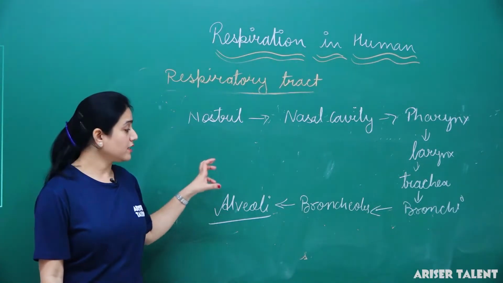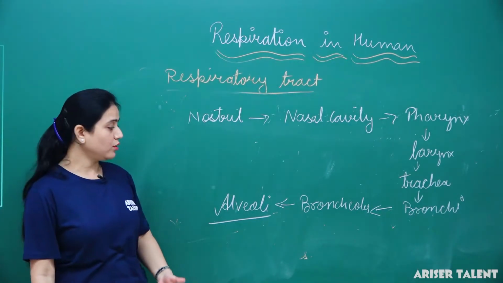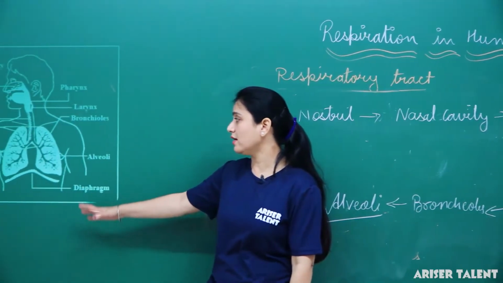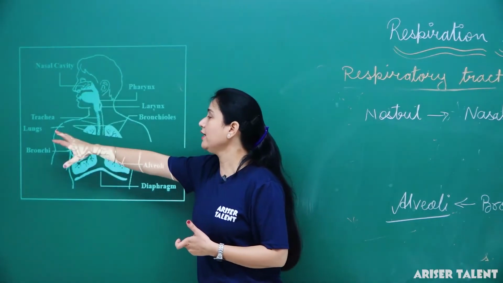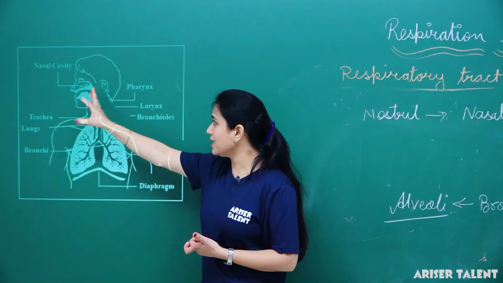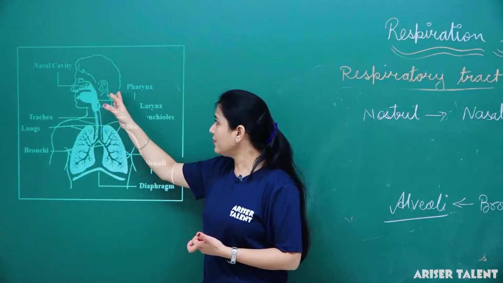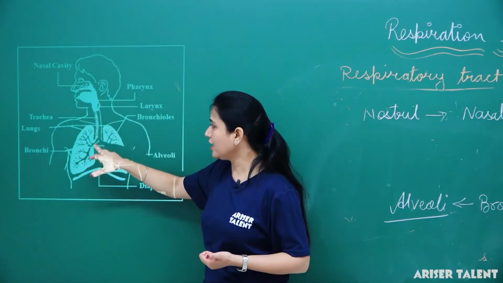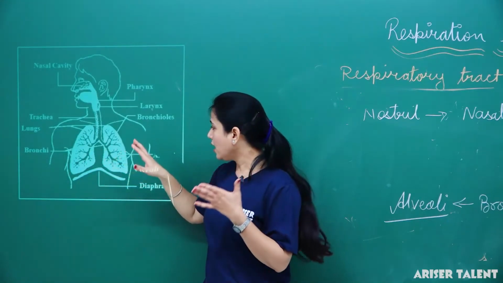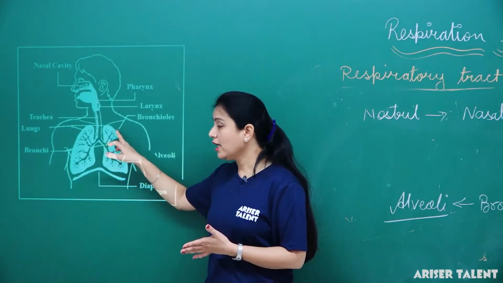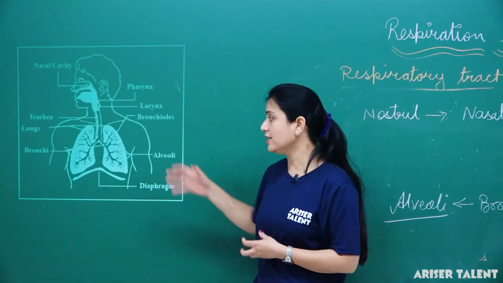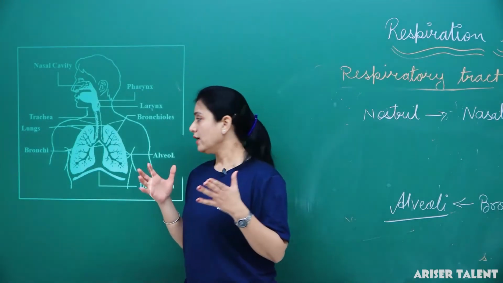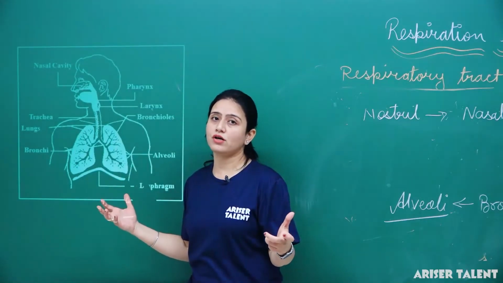Now how this exchange of gases takes place, let me explain what happens. Here we can see in the diagram that inhaled air enters from the nostril, goes into the nasal cavity, then pharynx, larynx, trachea, bronchi, and from bronchioles it goes into the alveoli. This inhaled air has a higher concentration of oxygen.